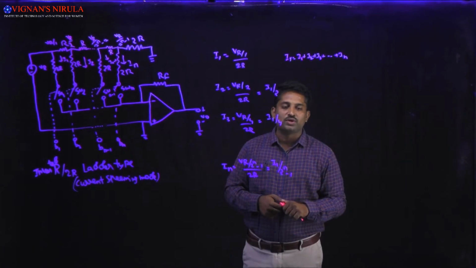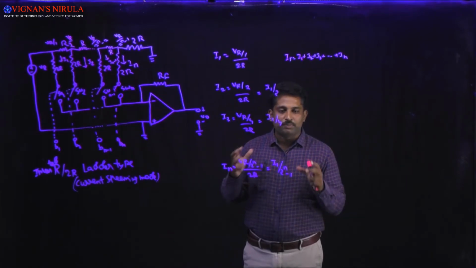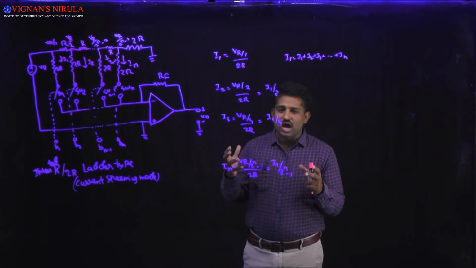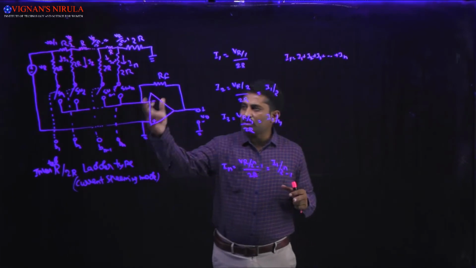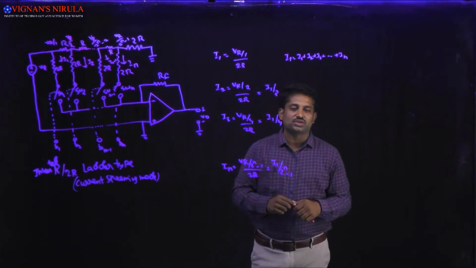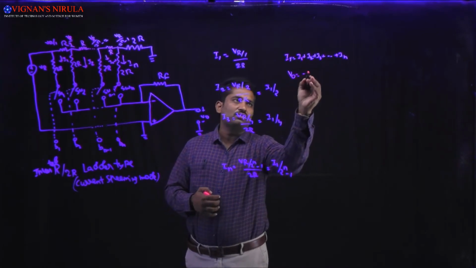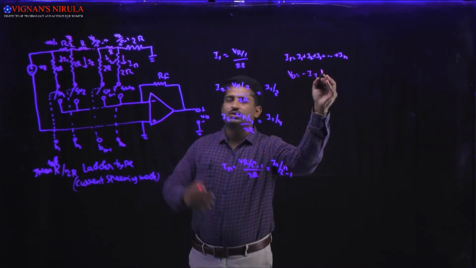We are going to use the summing amplifier, which has a high input impedance. So the total current passing through the op amp is the same. So IT will be passing across the resistance RF. So we will get V0 equal to minus IT into RF.